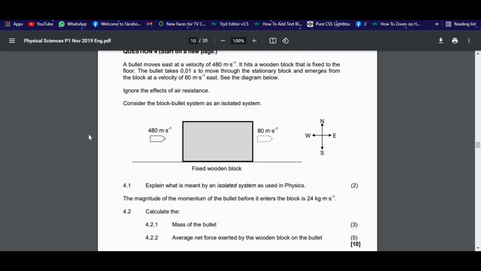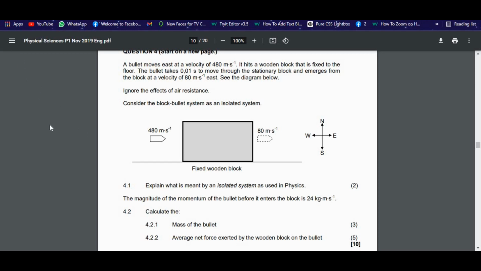The bullet takes 0.01 seconds to move through the stationary block and emerges from the block at a velocity of 80 meters per second east. See the diagram below, and there's 4.1 all the way to 4.2.2, so basically 3 questions for you, all to the value of 10 marks. That should take you 10 minutes. We'll mark this at 7 o'clock.